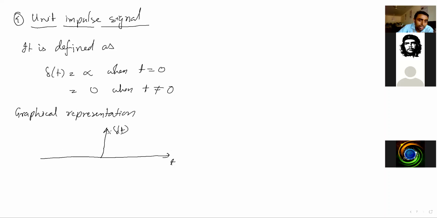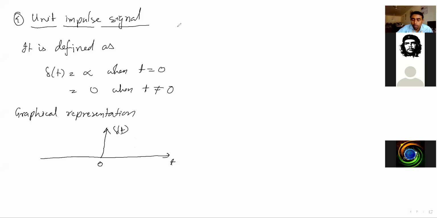This arrow mark will show that the amplitude is going to be infinity at t equal to 0. At t equal to 0, we have the amplitude as infinity, and at other values of t, there will be no amplitude or no signal presence. So this is an impulse signal.